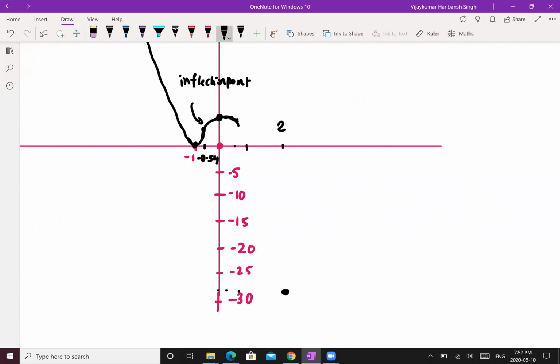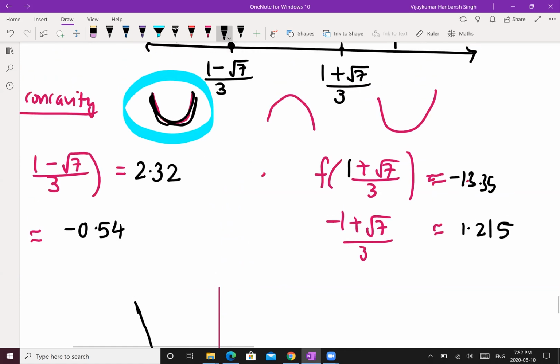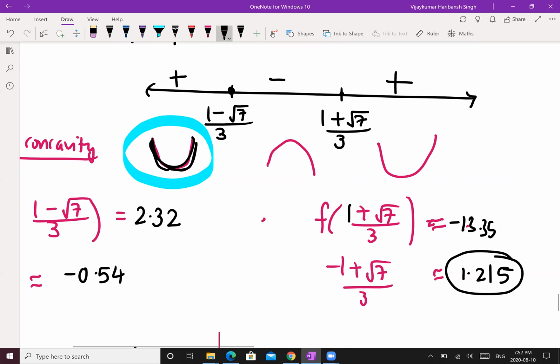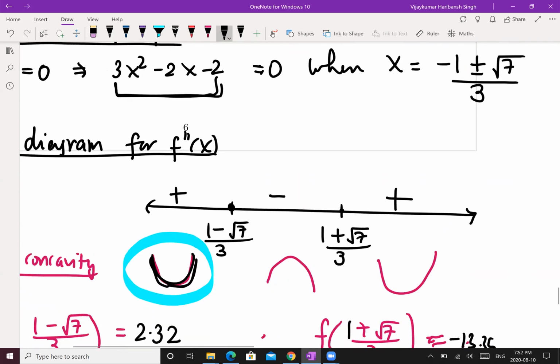So the local minimum is at 2. It will cross the x-axis at some point, but before that, it becomes concave down. Now the concavity changes again at the second inflection point, where from concave down, it becomes concave up.